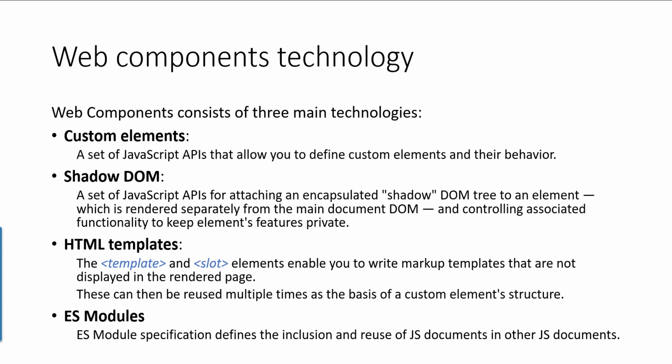Another technology that we typically use is HTML templates. Usually we can define templates using a template tag inside your HTML page. You can also create slots for defining segments. So you can create views with the templates and define certain areas of the templates using slots, which you can render inside your custom element.